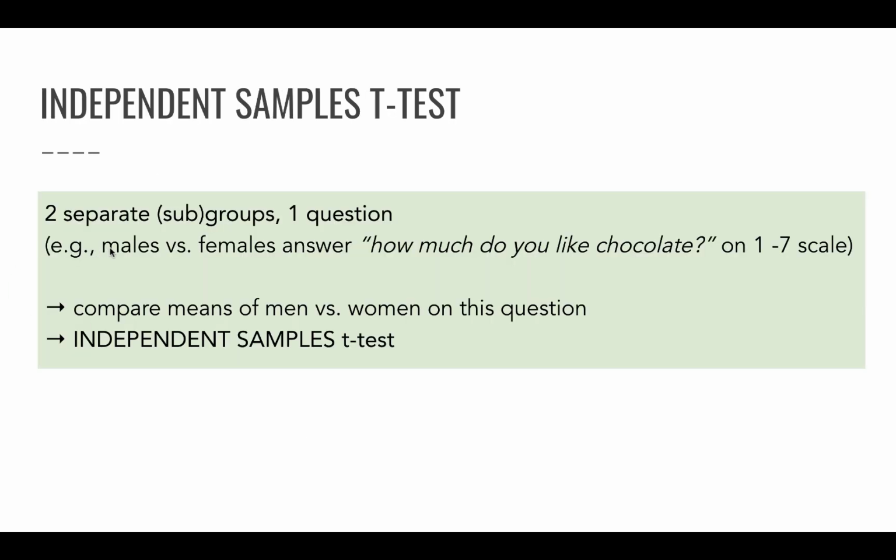So again, with an example, let's say you want to know how two different subgroups differ on one question. Males versus females in your sample both answer the question, how much do you like chocolate, on a scale from 1 to 7. So you would compare the mean of men versus women on this question.